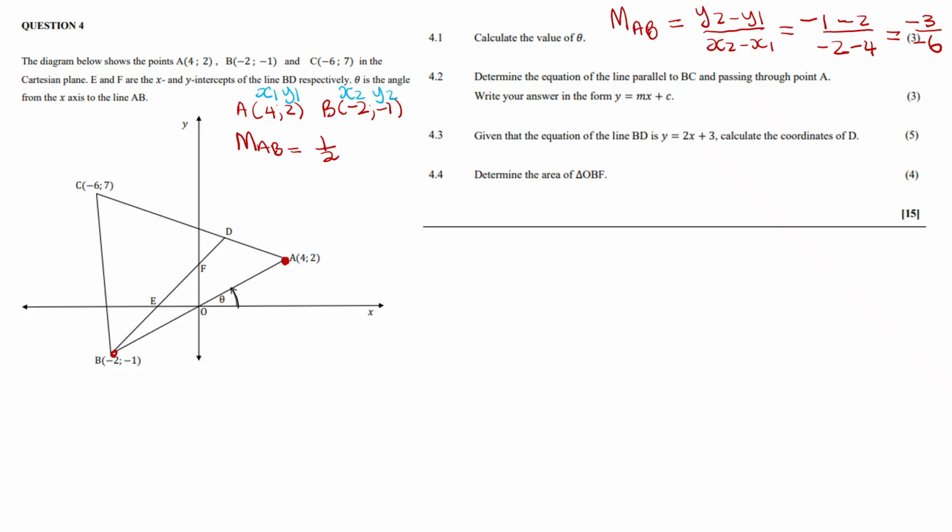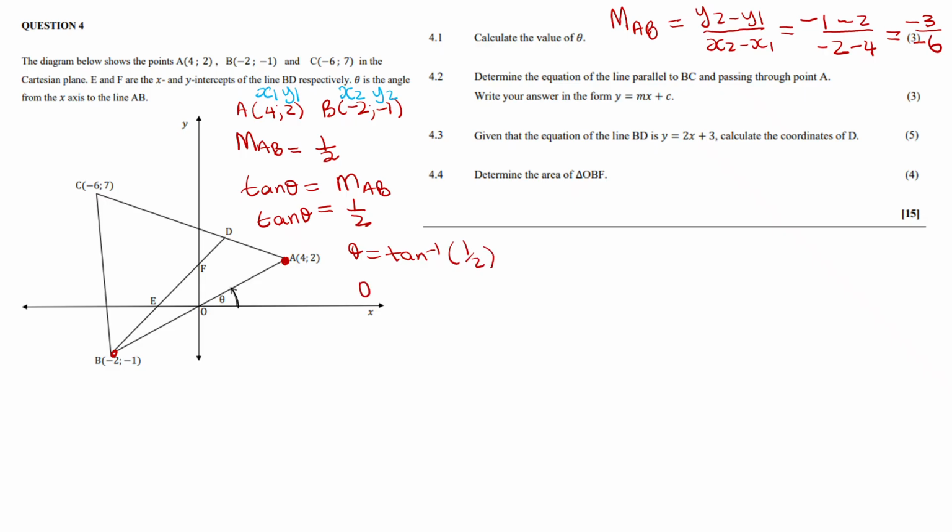So now when you calculate the angle of inclination, this is how it works. We're going to say the tan of theta is equal to the gradient of AB. We know that the gradient of AB is just 1 over 2. So the tan of theta is equal to that. To find theta, you just have to say theta is equal to the tan inverse of that gradient, 1 over 2.